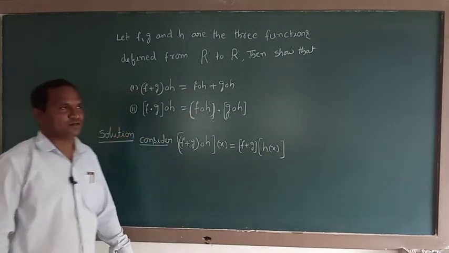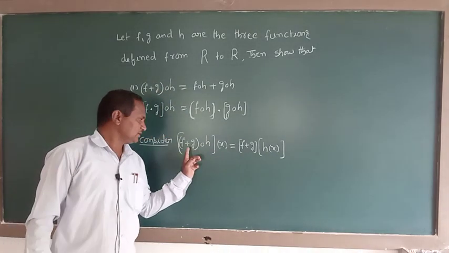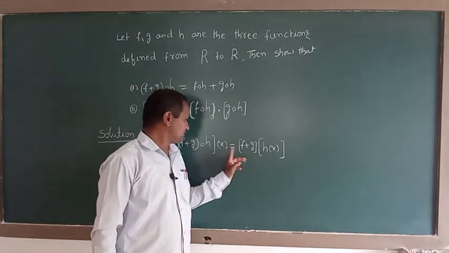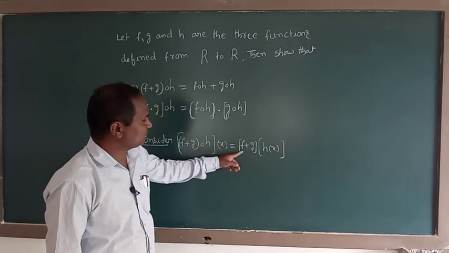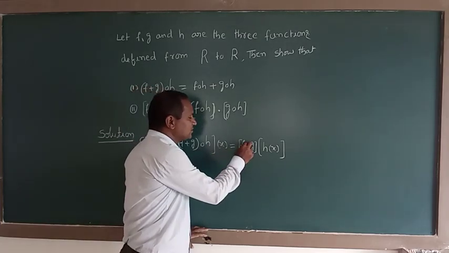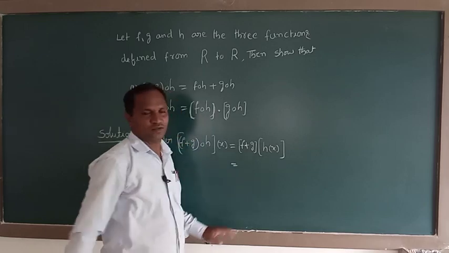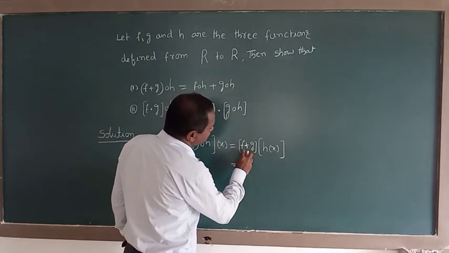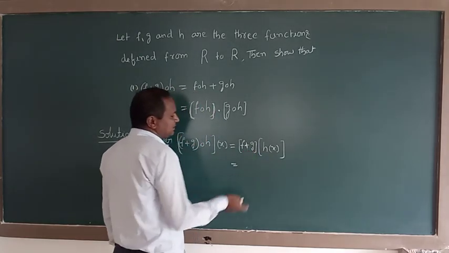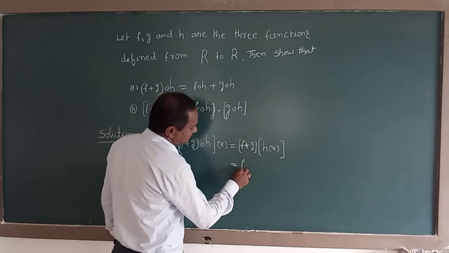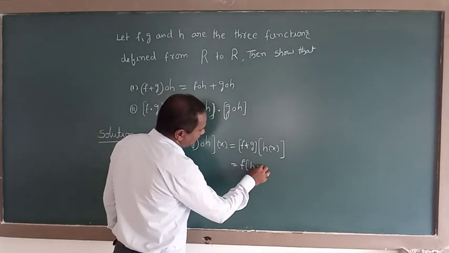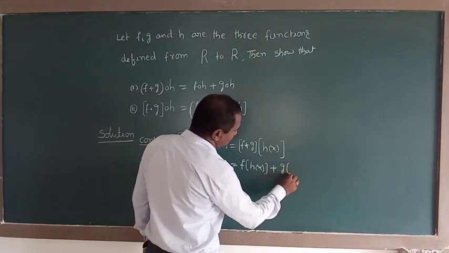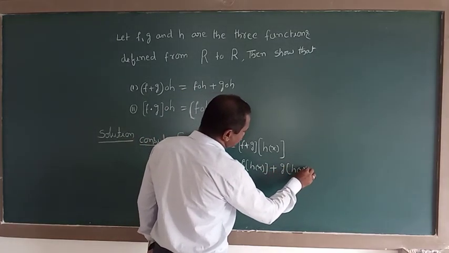Because I applied the formula here, f circle g of x, instead of f plus g you consider f and h as g. F plus g circle h of x is equal to f plus g of h of x. Now separate them, just take multiplication with f and take multiplication with g also here, like this, f of h of x plus another one, g of h of x.